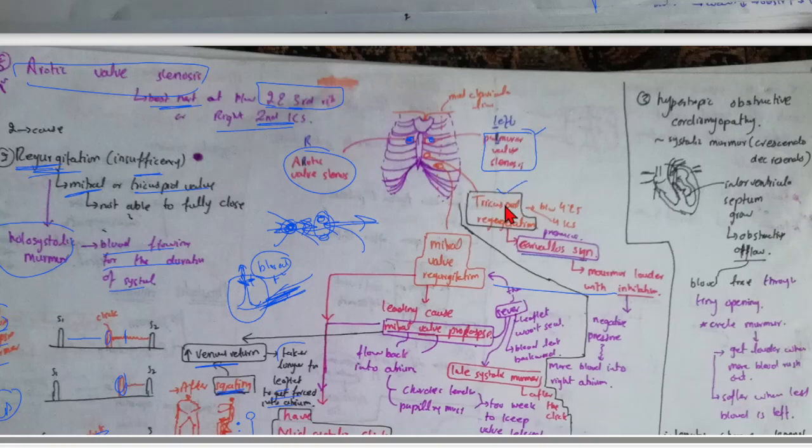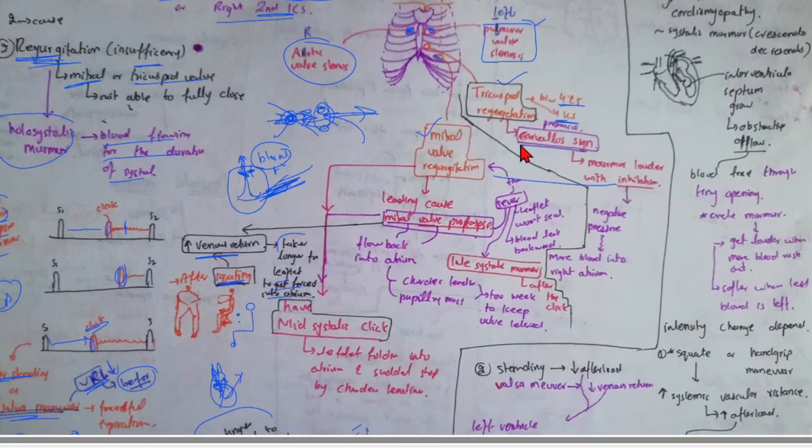Now there are tricuspid regurgitation and mitral valve regurgitation. Tricuspid regurgitation is between the fourth and fifth intercostal space, and mitral is at the mid clavicular line at the fifth intercostal space.